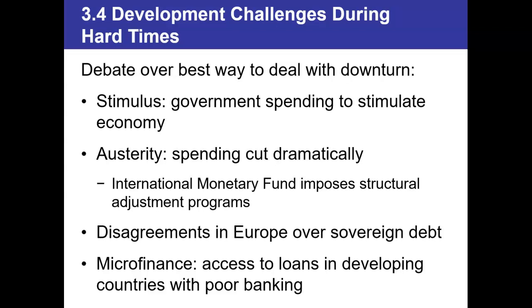What the IMF might do is require that the country can only spend what it can afford, that it has to cut its spending substantially, and that it must also encourage more productive private sector methods. Many people criticize these requirements because they see this as a major cut in services that are necessary for the poorest people.